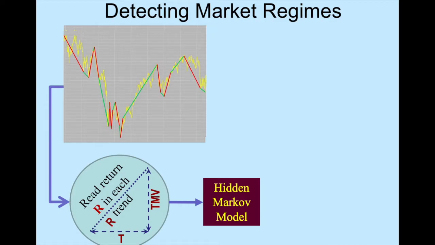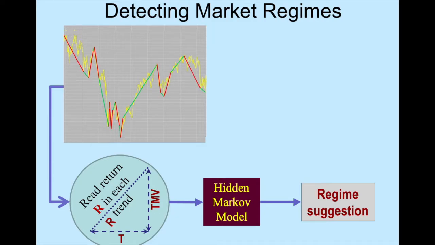A hidden Markov model is a way of relating a sequence of observations to a sequence of hidden states. Here, we assume that the returns that we observed were driven by the hidden states of the market. The hidden states reflect the regimes that the market was in.